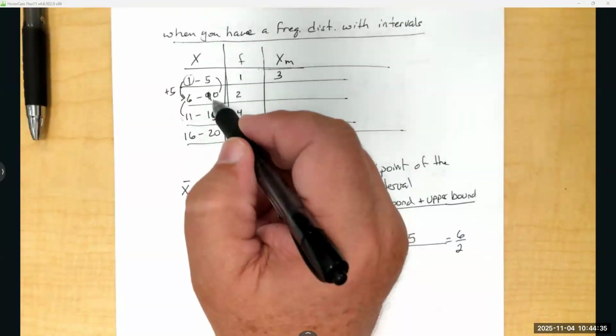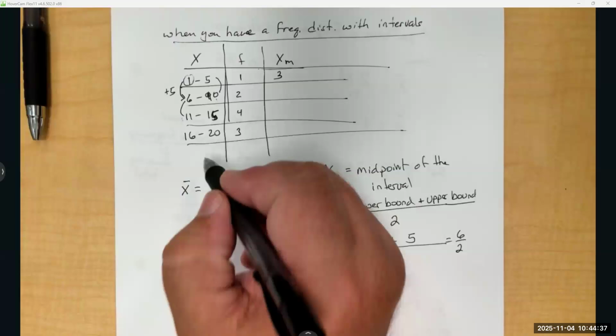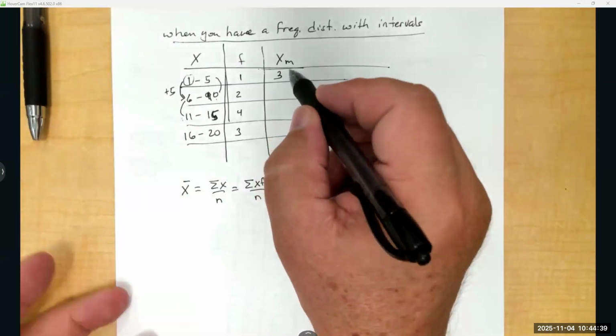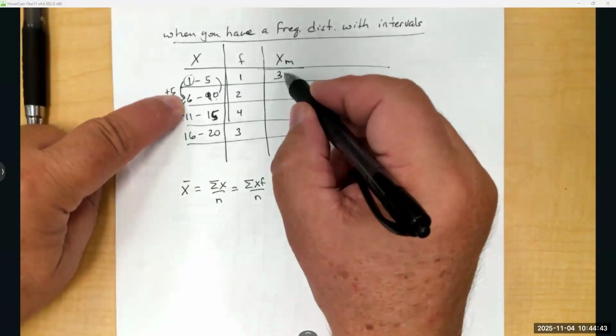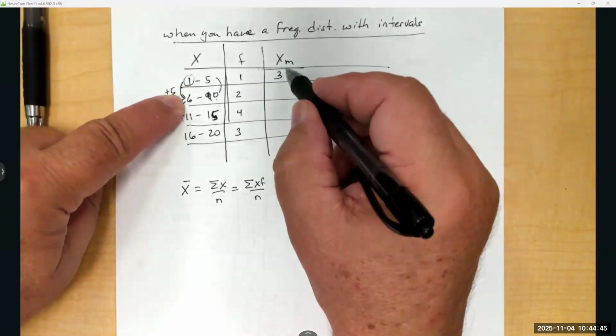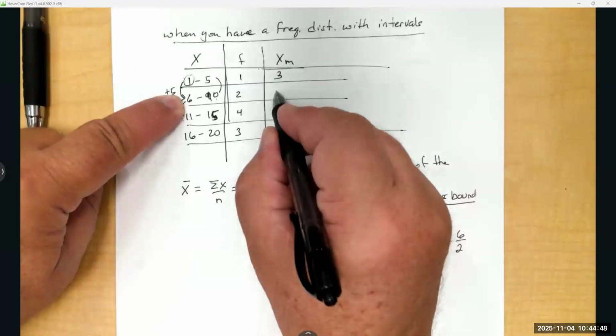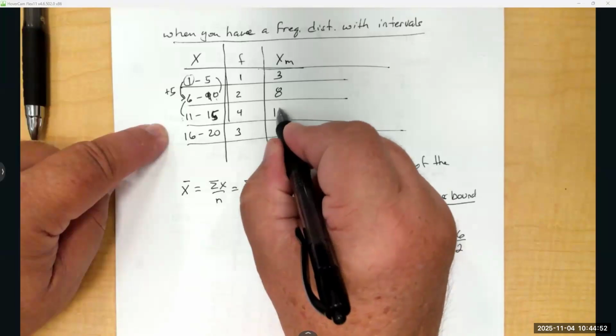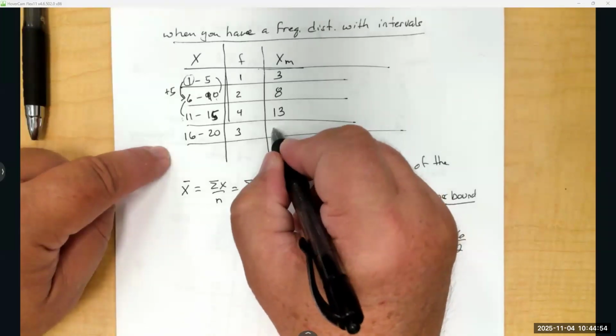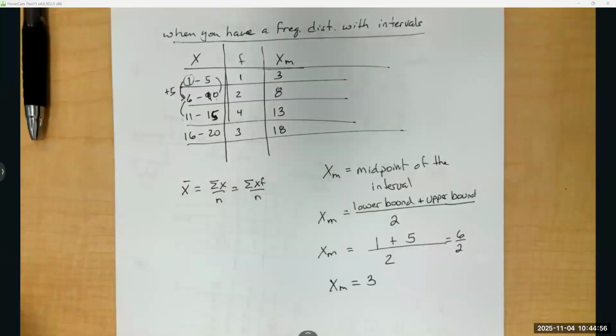From 5 to 10, I add 5. And so going from midpoint to midpoint will be the same thing. So from the midpoint of the first set to the midpoint of the second set is how far? 5 units. So 3 plus 5 is 8, plus 5 is 13, plus 5 is 18.